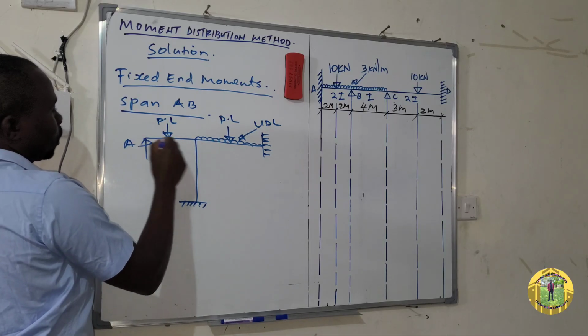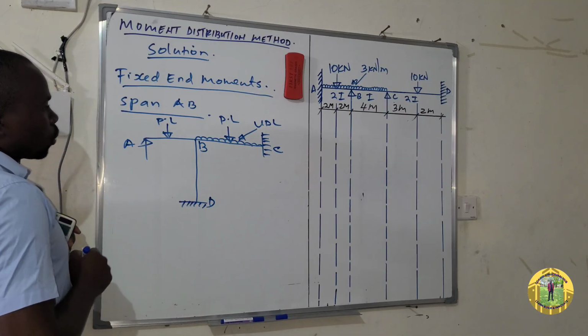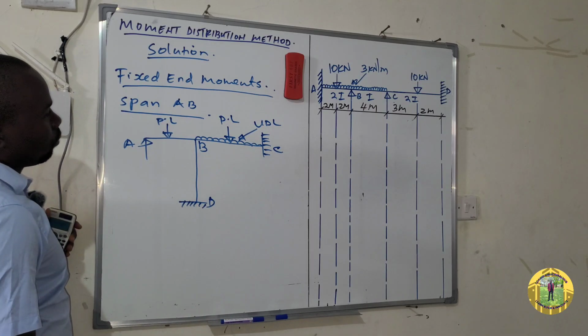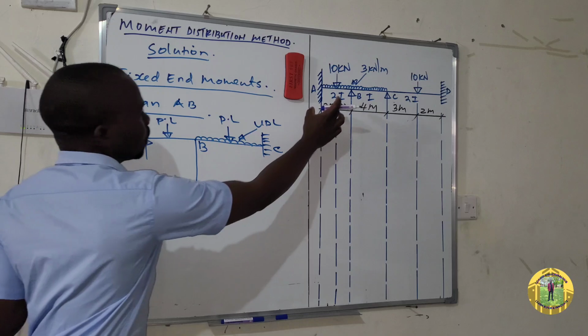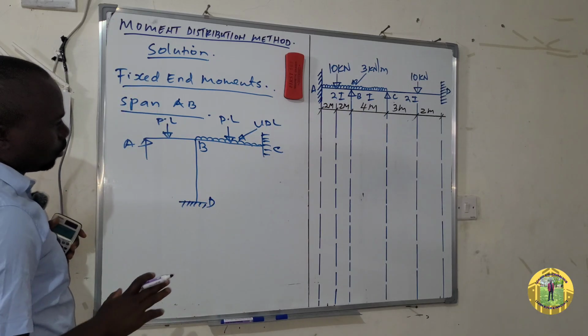So this is A, B, C, D. For span BC, to calculate fixed end moment, the approach is the same as we have done on AB. So the approach is the same.